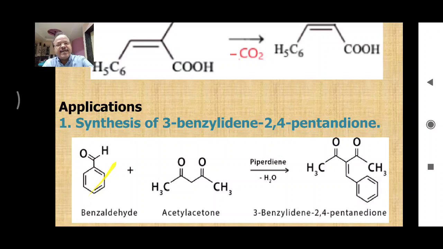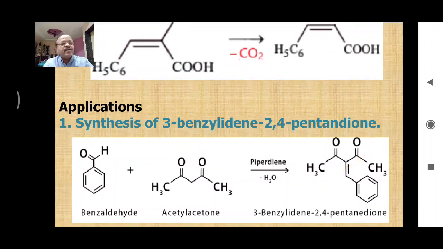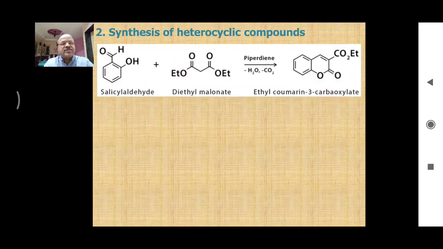So benzaldehyde undergoes condensation with acetyl acetone in presence of piperidine base, followed by dehydration, and we are getting here 3-benzylidene 2,4-pentanedione. So this is the expected or desired product. So this is the first application of Knoevenagel condensation.